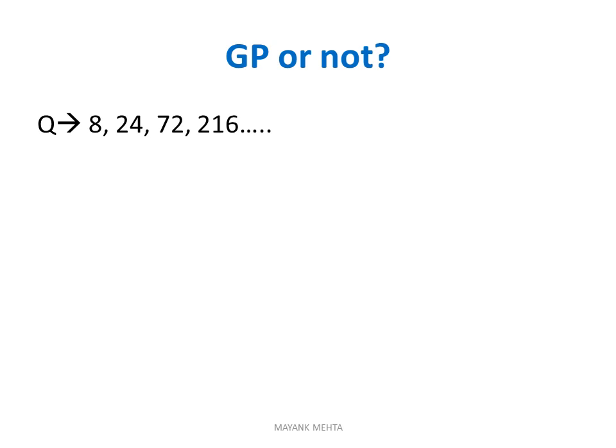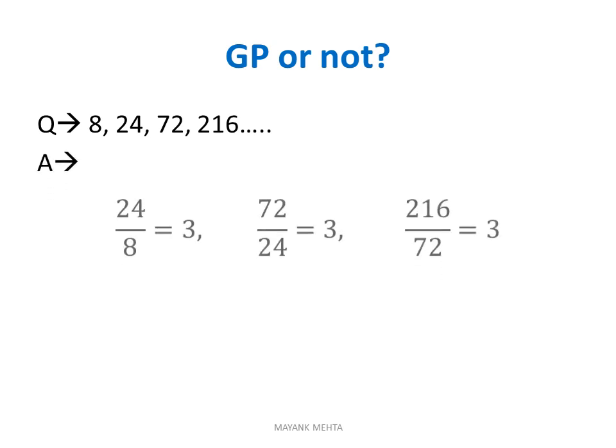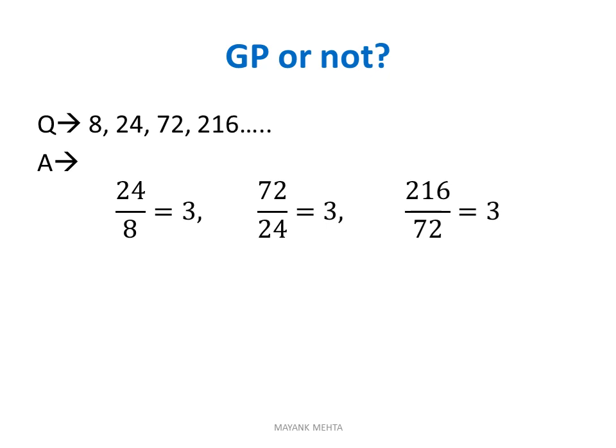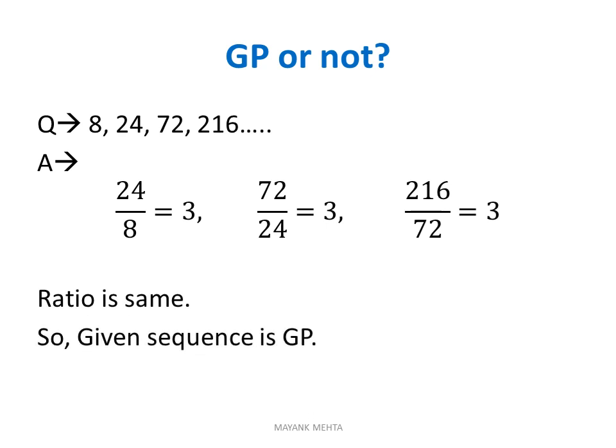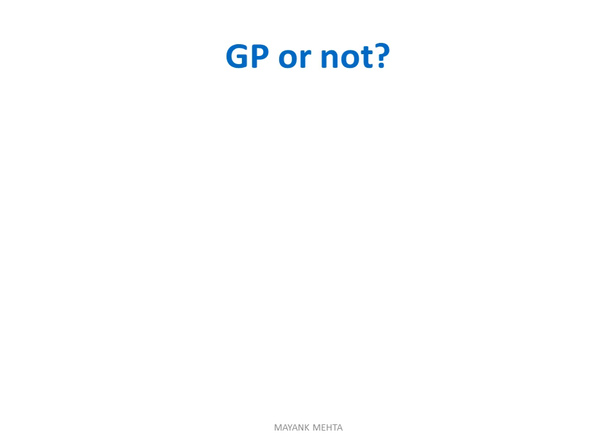If you are asked whether the given sequence is GP or not, how will you check? Suppose this question is given: 8, 24, 72, 216. First you find the ratio of two consecutive terms. If the ratio is the same, yes, then the given sequence is GP. Another question: 9, 12, 16, 24.